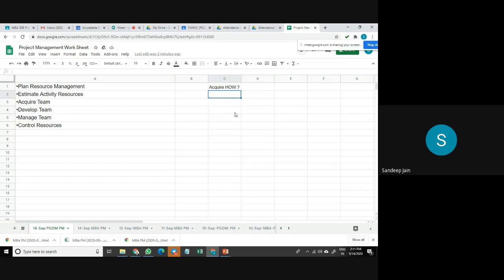No, not just recruitment. We are talking now about acquiring resources. Yeah, so recruitment is one part of acquiring.